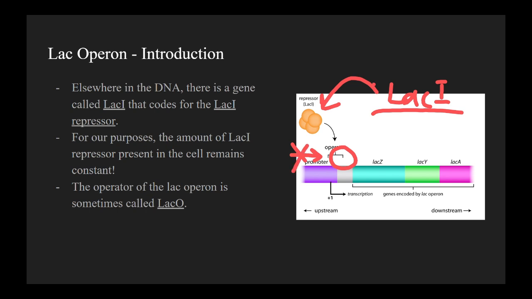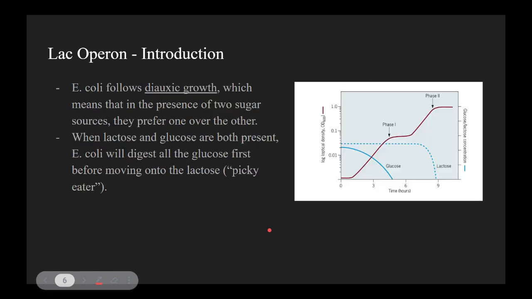For our purposes, we'll say LAC-I is constantly being transcribed, so this LAC-I protein is always floating around in the cell, and it can bind anytime. And there's some terminology: the operator sequence here, where the repressor can bind, we sometimes call LAC-O as well, if you see that term anywhere.